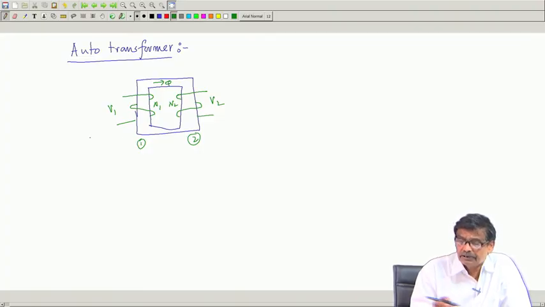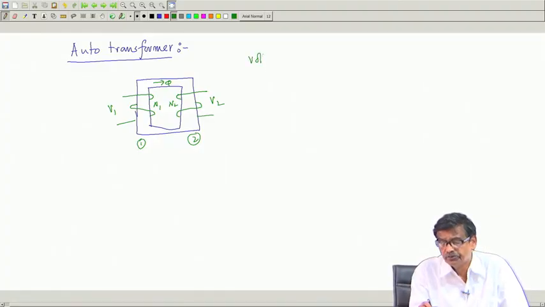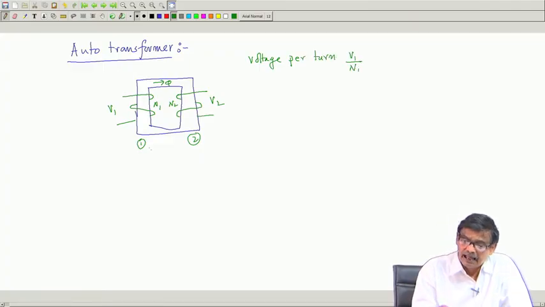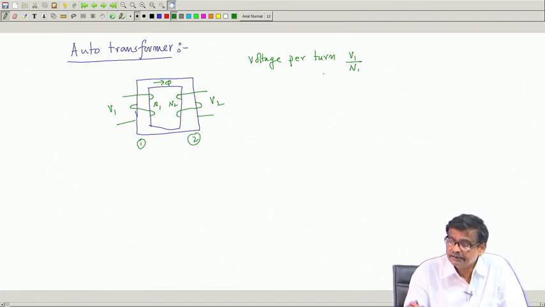Then we know that if you have applied the rated voltage, it is better you use the voltage per turn concept, voltage per turn. This is equal to V 1 by N 1, and that remains same for both primary and secondary.